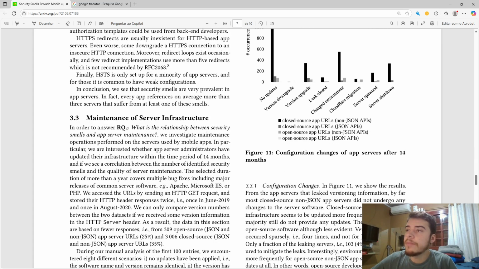After that they try to answer the second question: what is the relationship between security smells and app server maintenance?